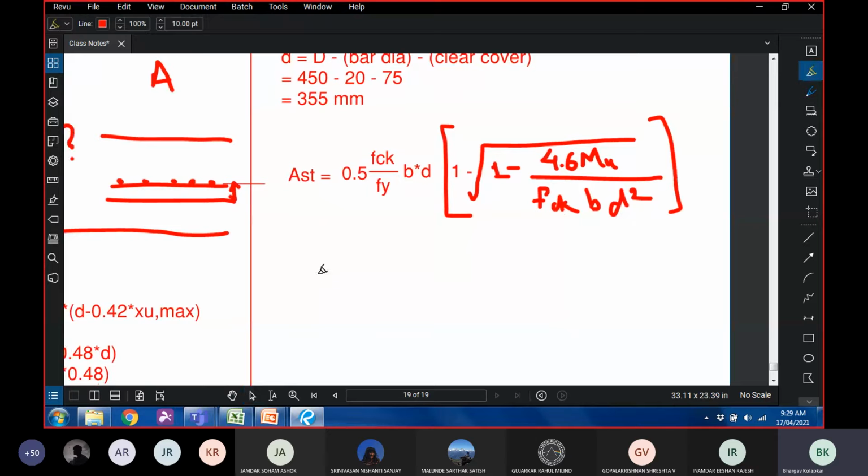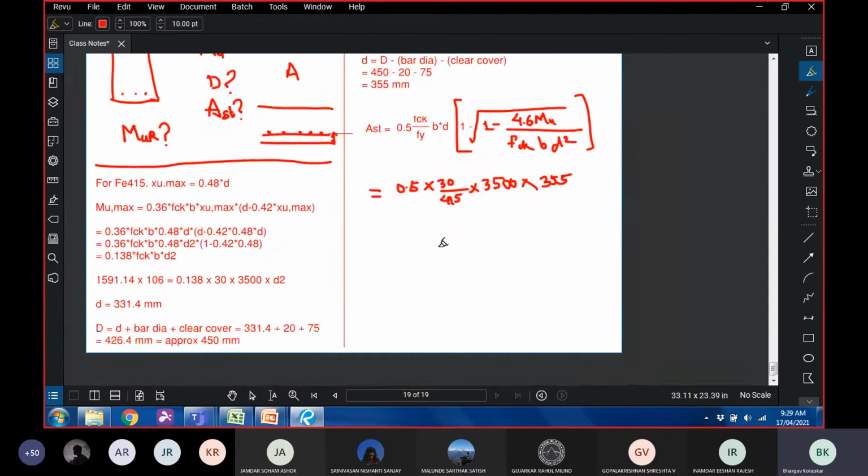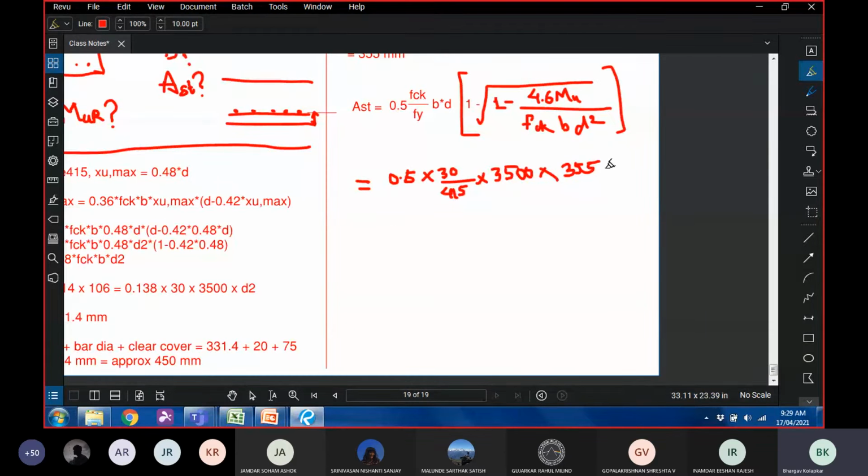So this is equal to 0.5 times fck upon fy into b. Our b is 3500 into d, which is 355, into 1 minus square root of 1 minus, we have to be consistent with units.